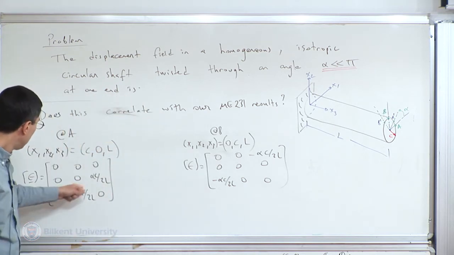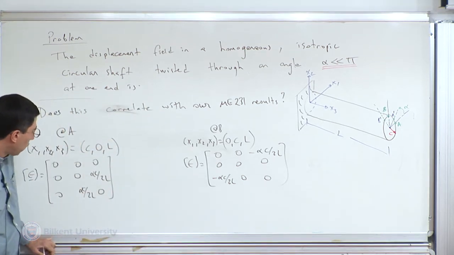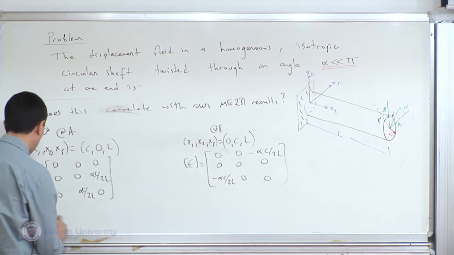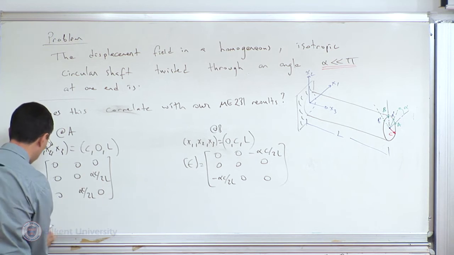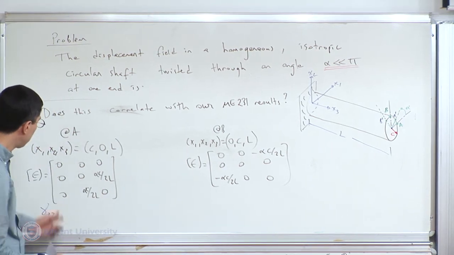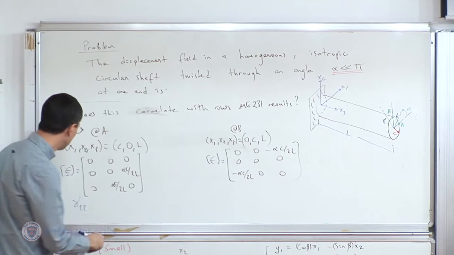Okay, so now, in 231, we used to work with gamma as the shear strain. So gamma 2,3 is equal to gamma 3,2. It doesn't matter which one I look at.